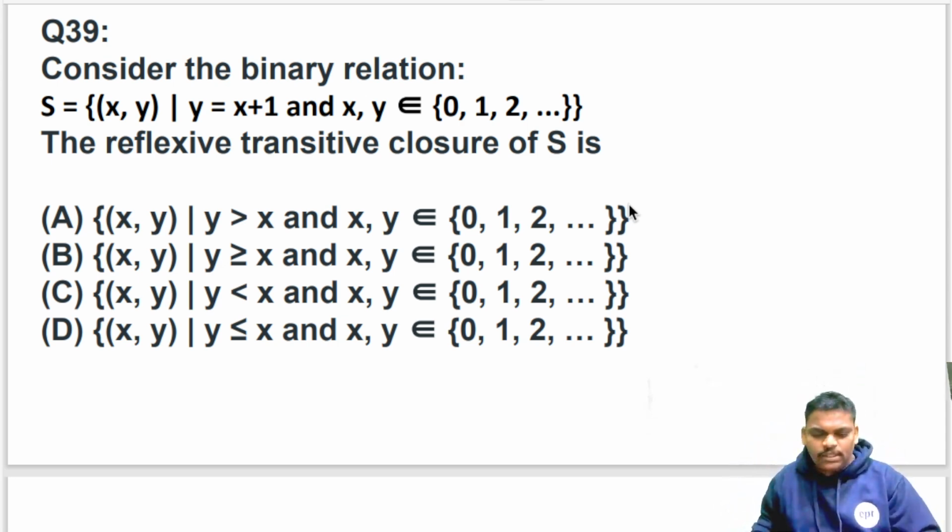S is equal to (x, y), where y is equal to x plus 1, and x, y belong to 0, 1, 2 and so on. To make it simple, let us assume that it is 0, 1, 2 only. If you can do it for 0, 1, 2, you can do it for other things also.